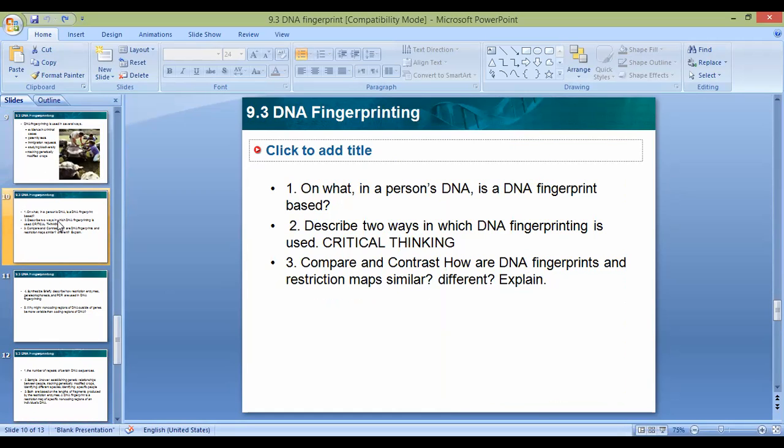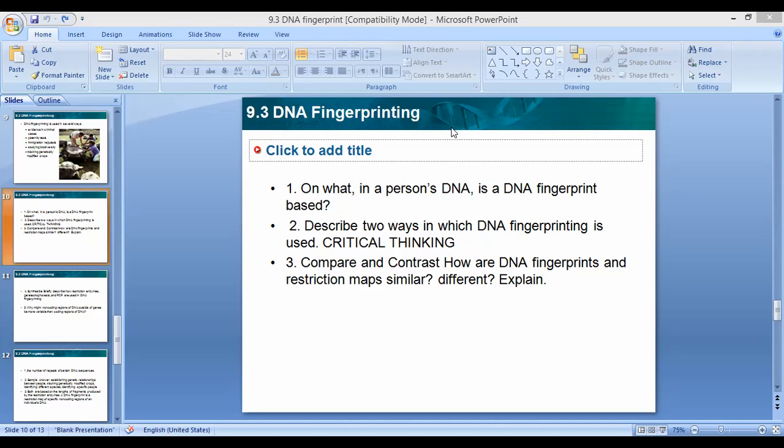Any question before we answer the questions of the lesson? Guys, did anyone have any question or not understand any part of this lesson? So, as a conclusion, fingerprinting is a technique used to identify a person by representing the DNA part based on the non-coding sequences, and specifically a repeat in the non-coding sequences.